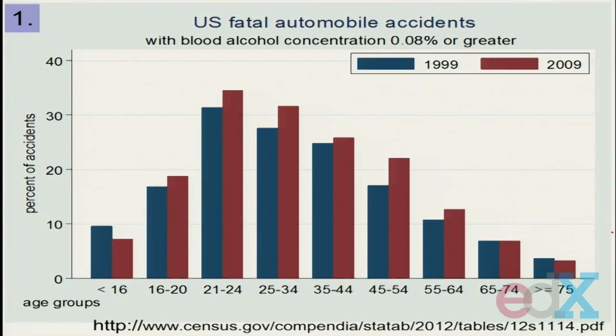Now, here's the site where I got this data from. It's at the bottom here. This is by age groups, and what I've plotted here is the data about fatal automobile accidents in the US for 2 years, 10 years apart, and what percentage of those fatal automobile accidents had alcohol involved.